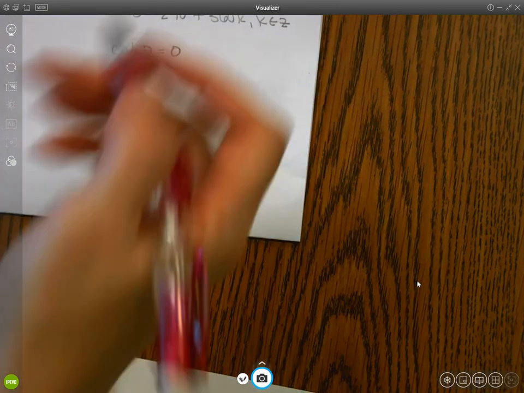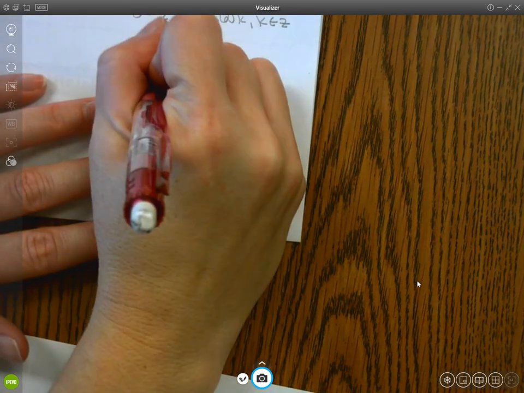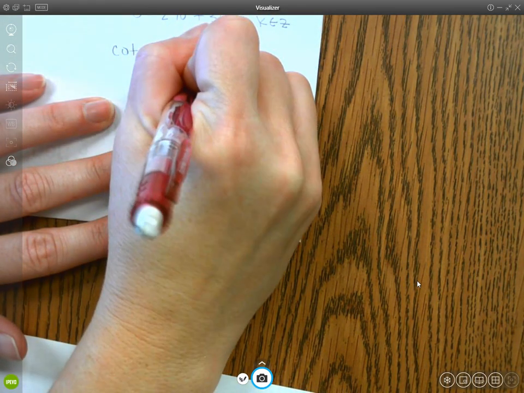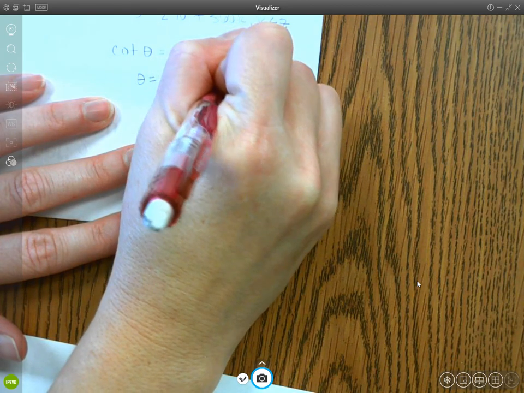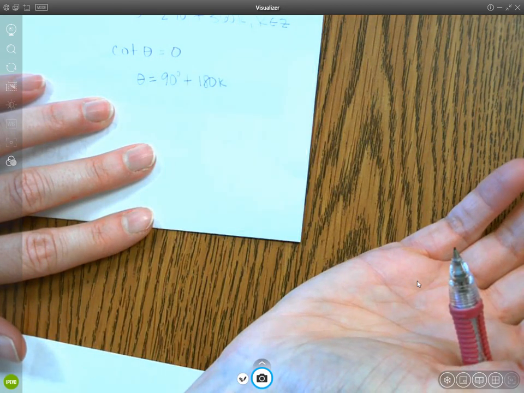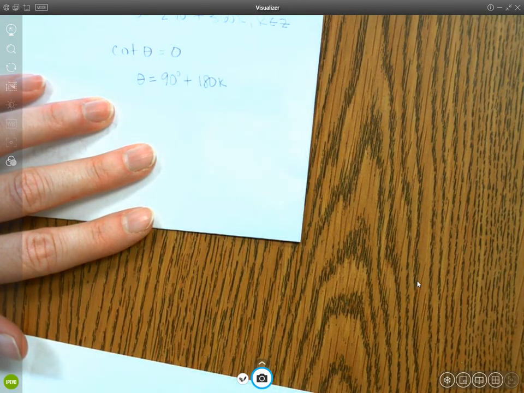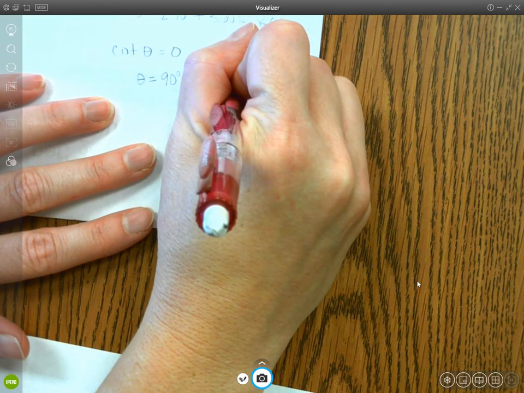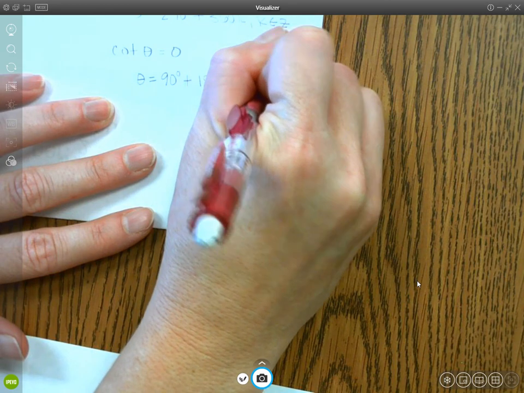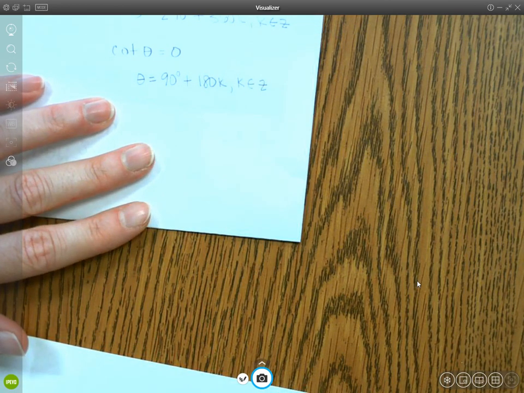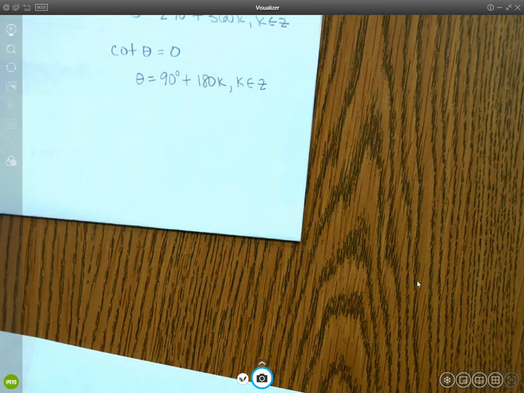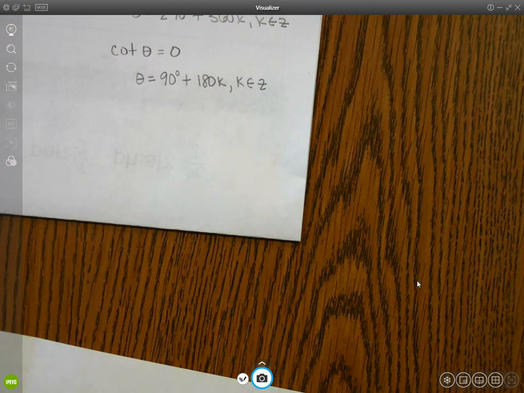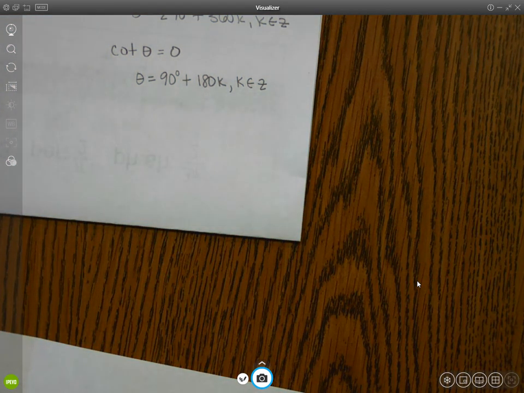And again, you start with the first positive occurrence, so at 90, and then tell how far apart they are. And k is just a multiplier, saying that I can add 180 a bunch of times, and I can also subtract 180 a bunch of times and get other answers that are correct. And if we say that k is an element of the integers, that is saying that we can add it whole numbers of times or we can subtract it whole numbers of times. All right, I hope that makes that better.